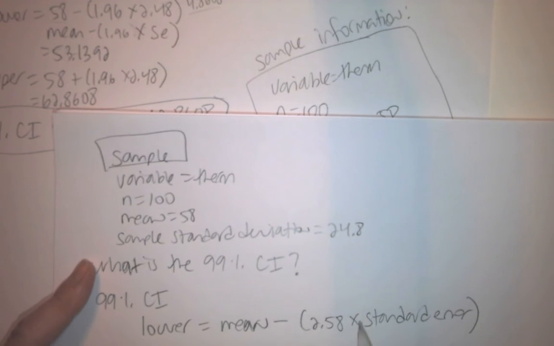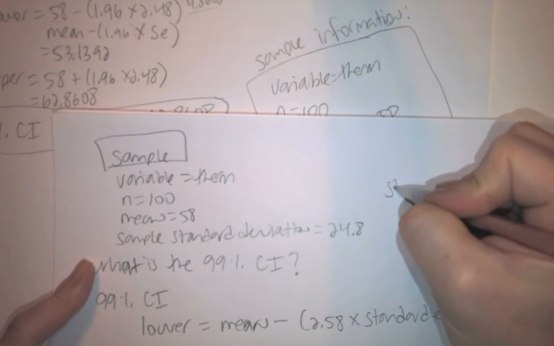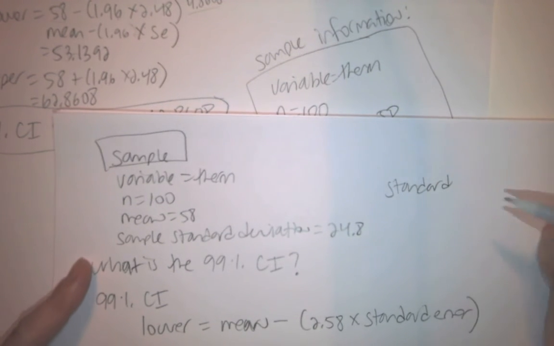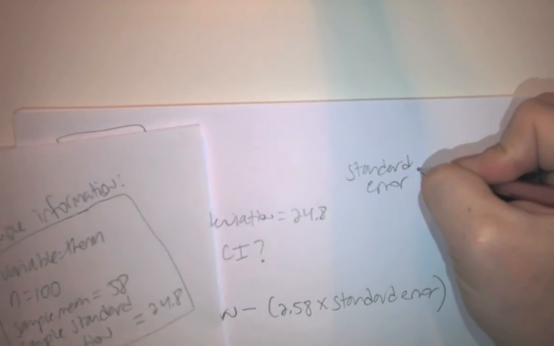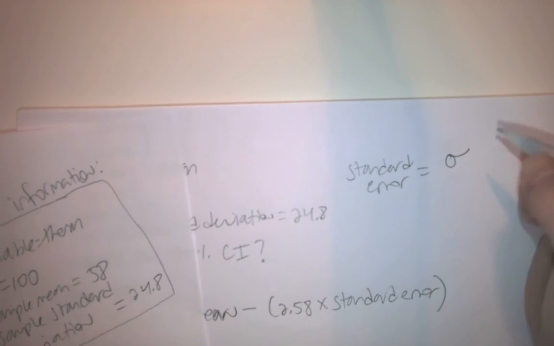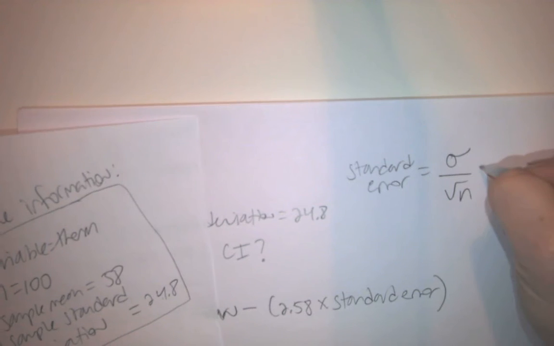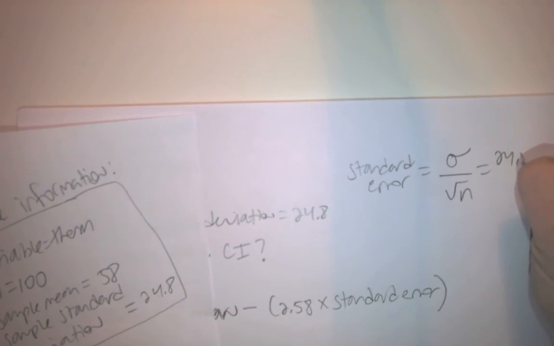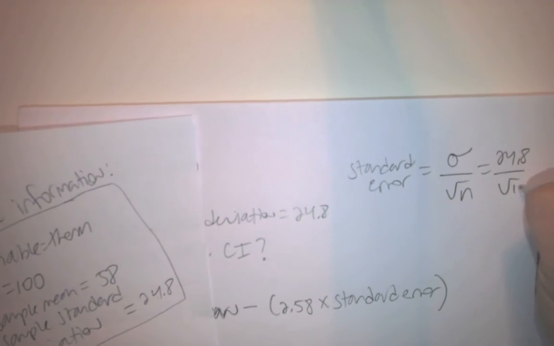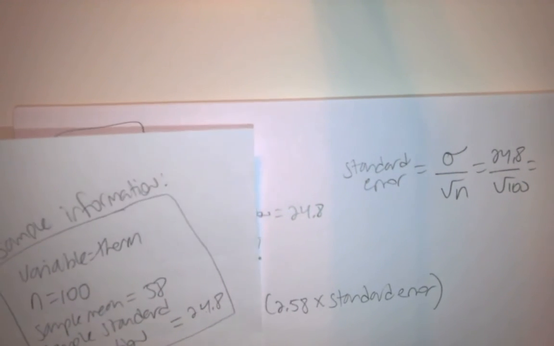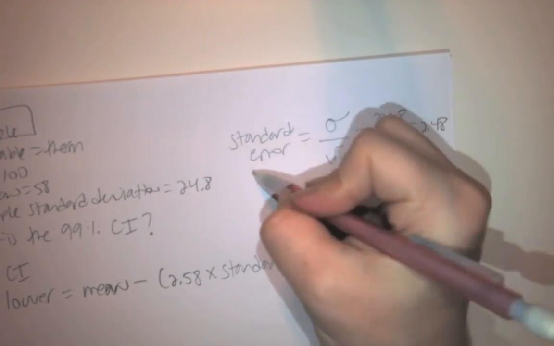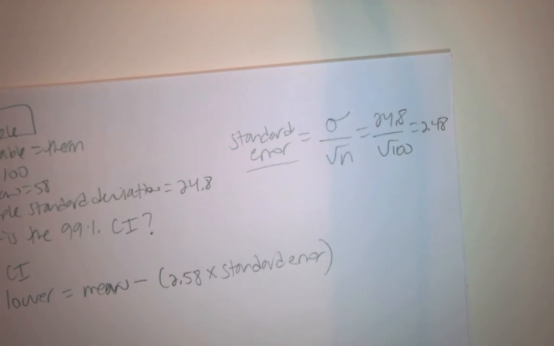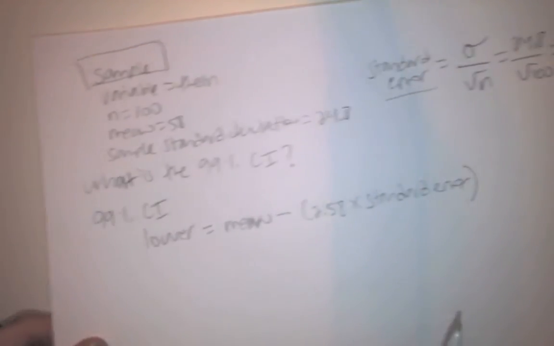The first thing I need to do is calculate the standard error. We already did that: the standard deviation over the square root of n, 24.8 over the square root of 100, equals 2.48. So I figured out my standard error, because I need that for my confidence interval.